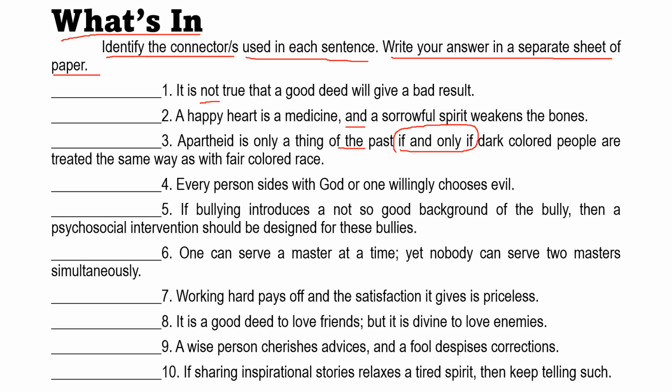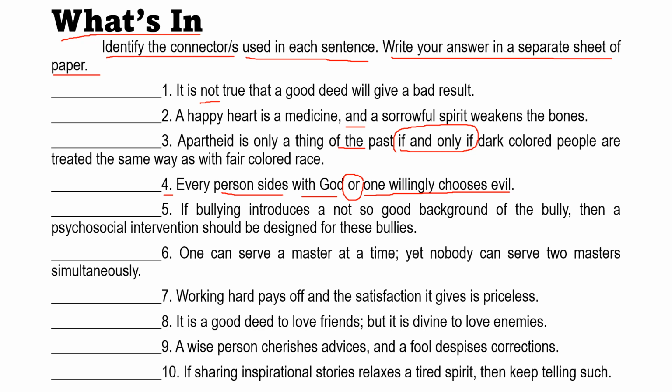So it gives you a biconditional. For sentence number four: every person sides with God or one willingly chooses evil. So there is an "or" here that will serve as a logical connector.